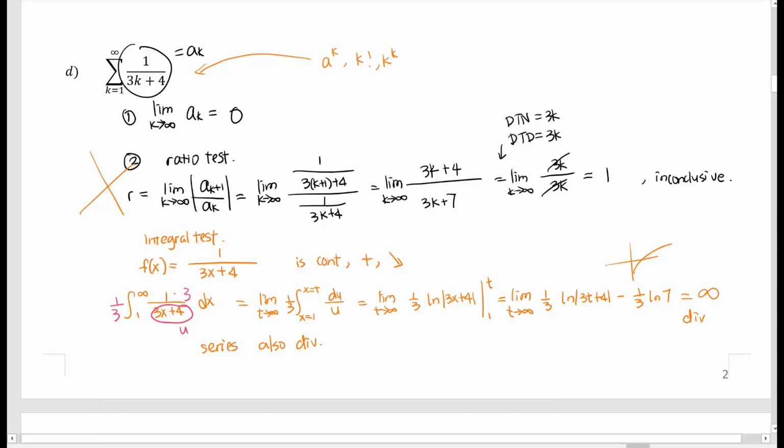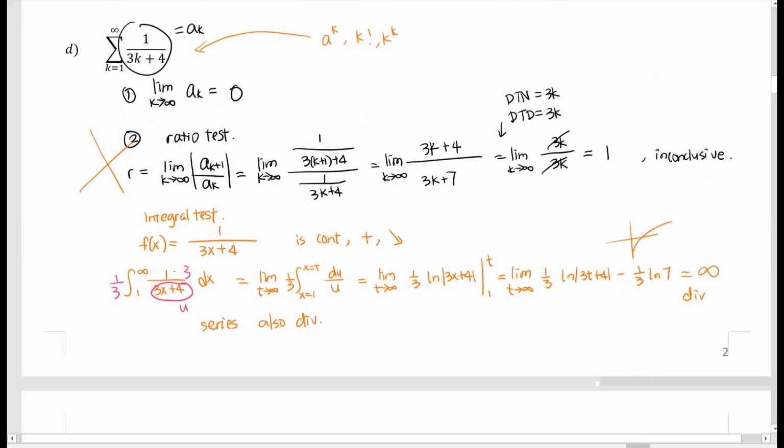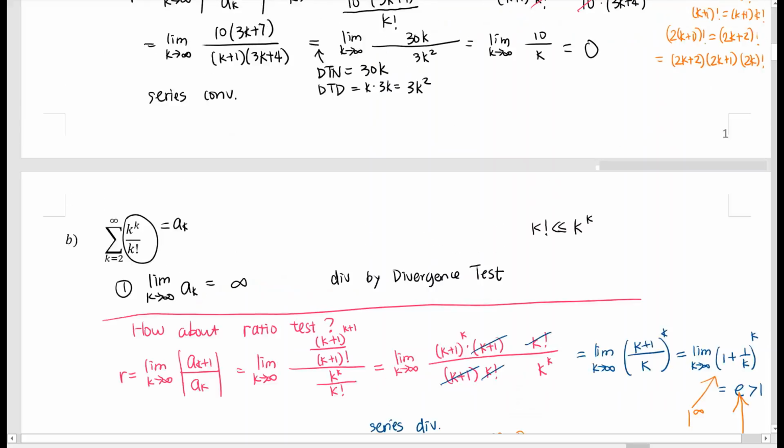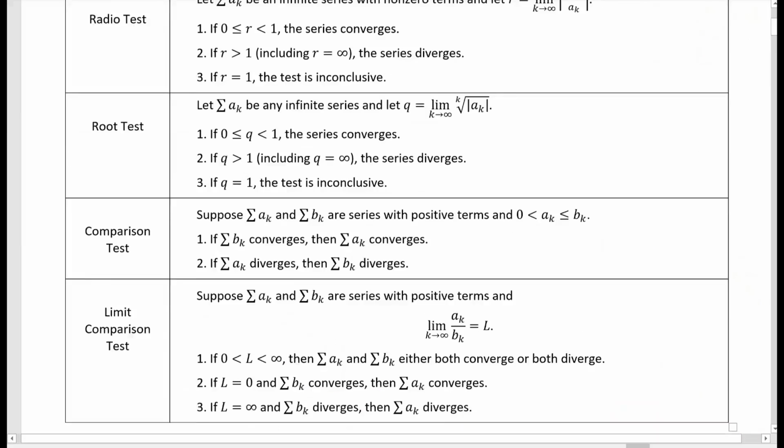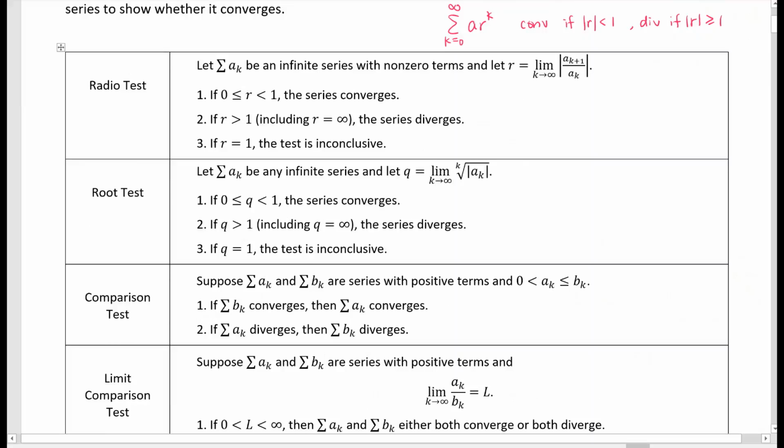Okay, next, let's go up and talk about root test. So root test is: suppose the infinite series. Usually you use the root test when your series looks like something to the k.